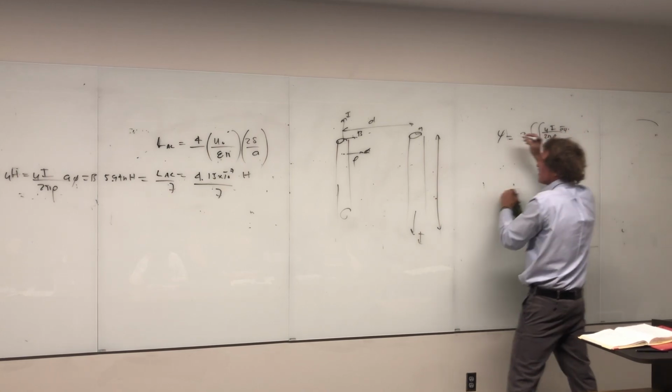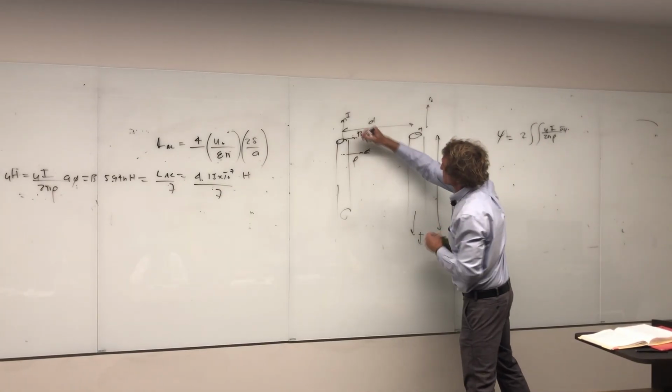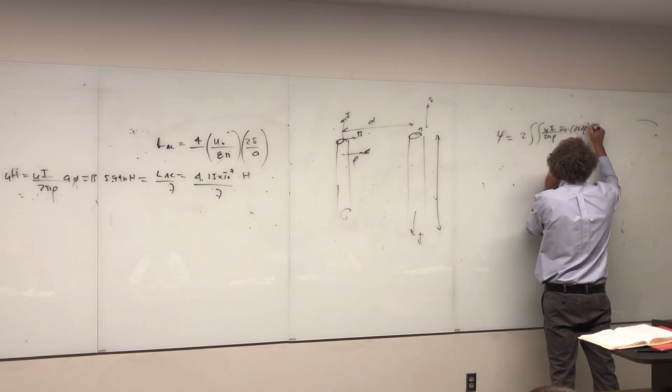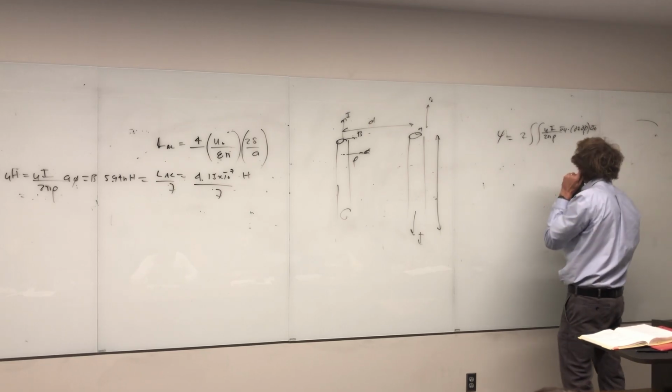Call this the z direction and that the rho direction, so ds is dz d rho, A phi as well.